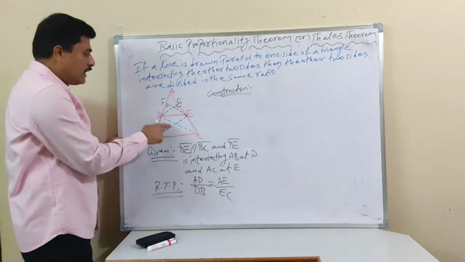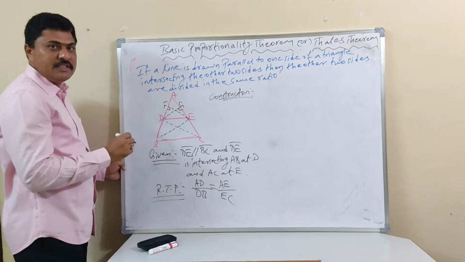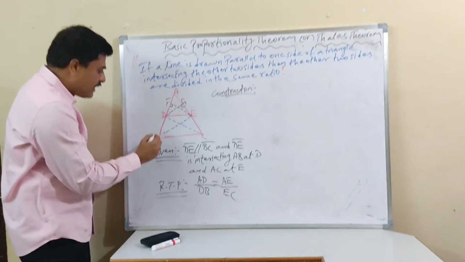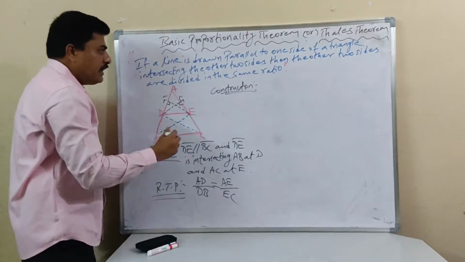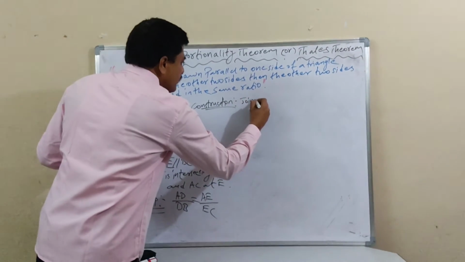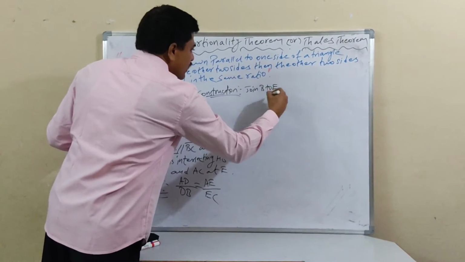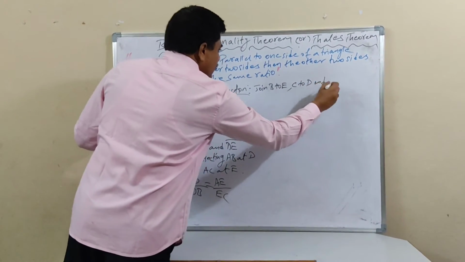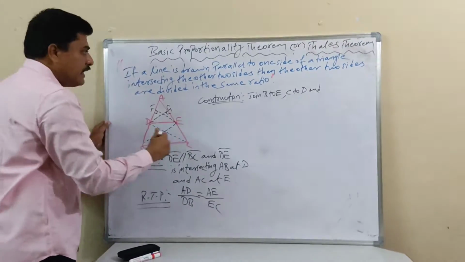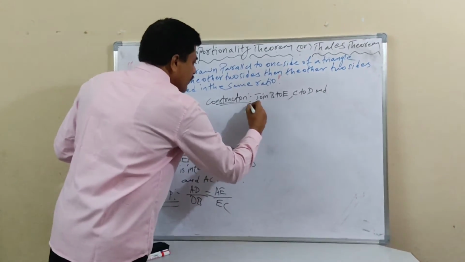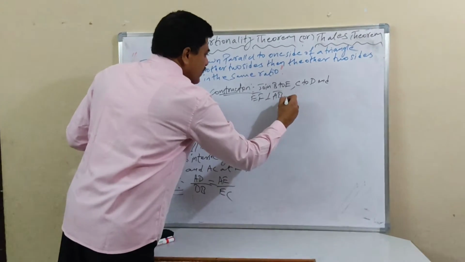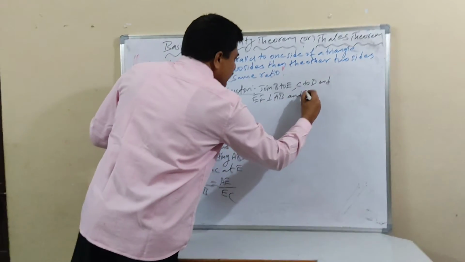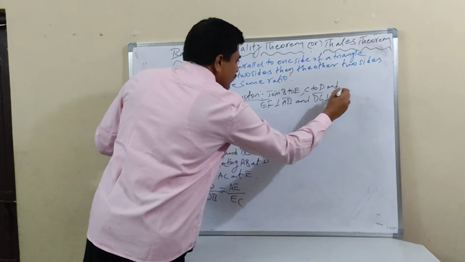Here, the blue color lines and black color lines represent the construction. The triangle ABC we have drawn, and we have marked all the points A, B, C, D and E. Here, I am joining B to E, and C to D. Also draw EF perpendicular to AB, and one more perpendicular, DG perpendicular to AC.